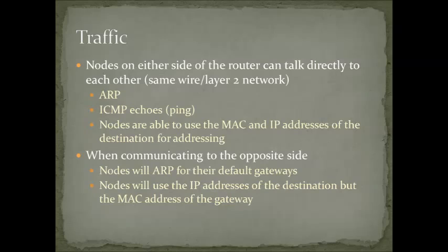So for example, if 1.1 was to try to communicate with 2.1, he would ARP for the gateway, 1.254, and then forward the frame to the router, and then the router would send it on to 2.1. So the MAC address that would be used in the Ethernet frame would be the MAC address of the router on that side, F0/0, or the interface on that side. But the IP destination would be 2.1.